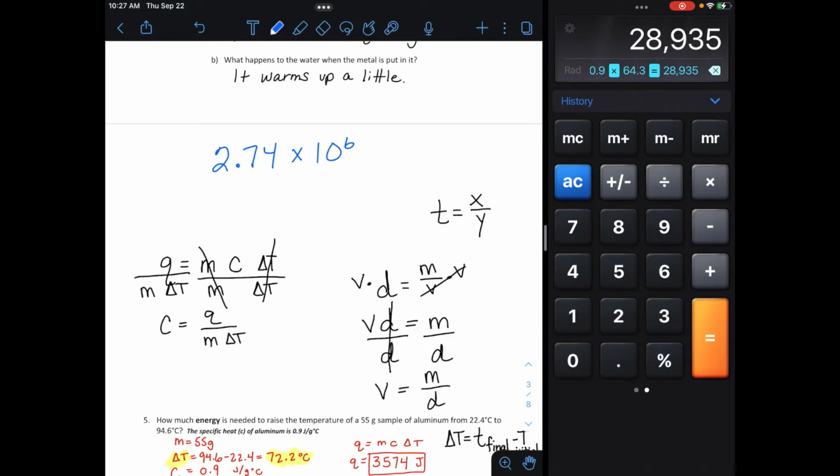That would be something written in scientific notation. To solve for that, you're just going to move the decimal point over 6 places. So I'll show you 2.74, and we're going to go ahead and move our decimal point over 1, 2, 3, 4, 5, 6. And then that's where the new decimal point will end up.